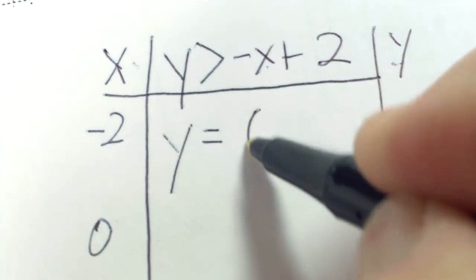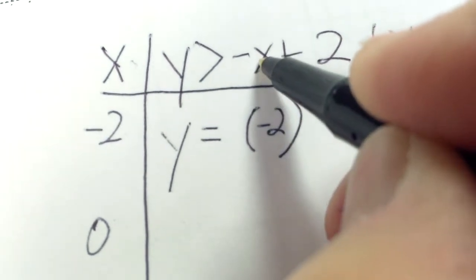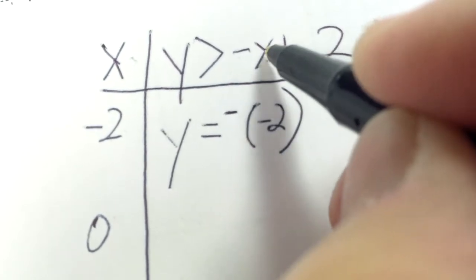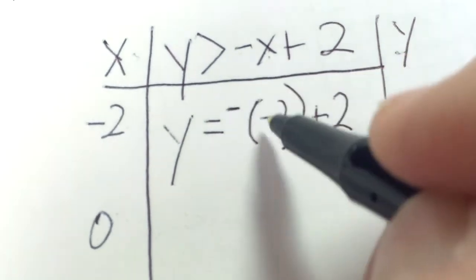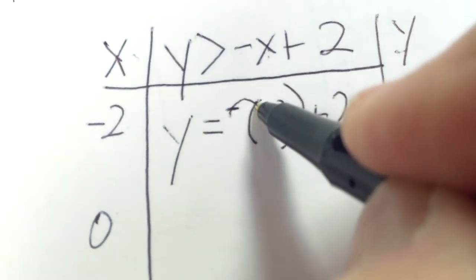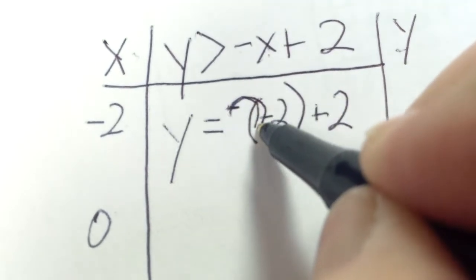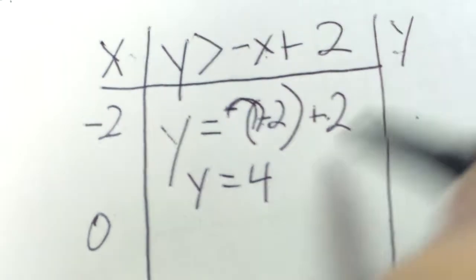So x is -2, but according to this, whatever x is, we have to make it more negative. So it's -2, and then we're going to add 2. Well, when you're subtracting a negative, it's just like you're adding a positive. So this is actually a +2. +2 plus 2 is 4.